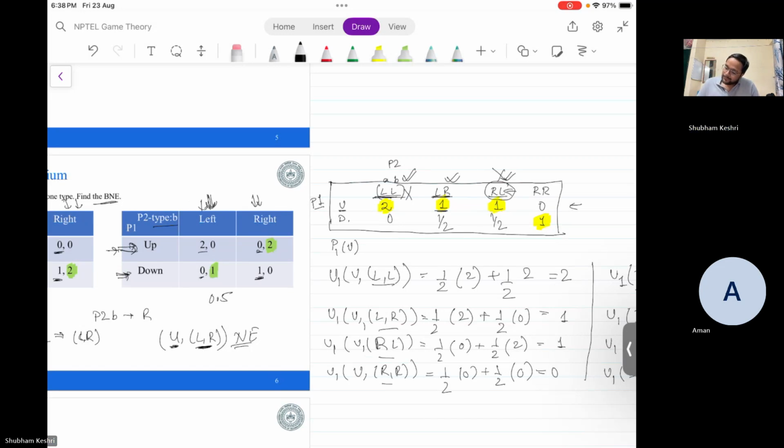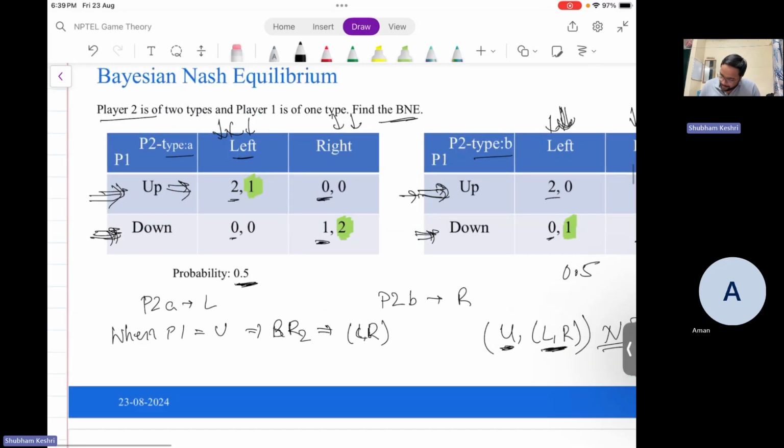So what is remaining? R, R remains. Now when player 1 plays D, what is the best response of player 2A?